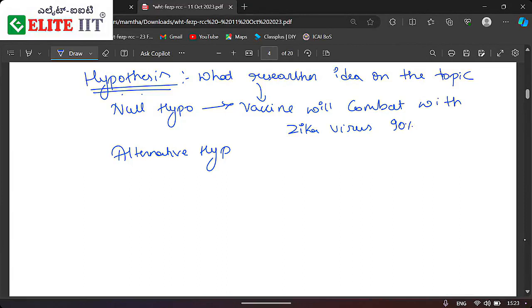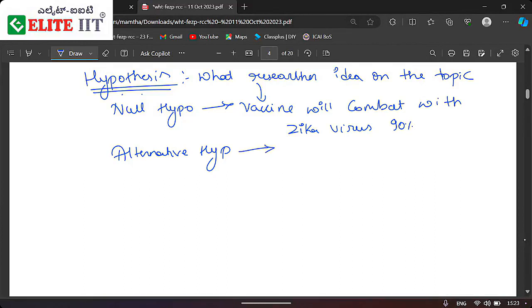This is what the researcher is going to think on the topic, on the vaccine. Say there is an experiment going on with a Zika virus vaccine, and a particular researcher thinks that this one is going to cure 90%, that it has the capability of curing the Zika virus to the extent of 90% possibility.